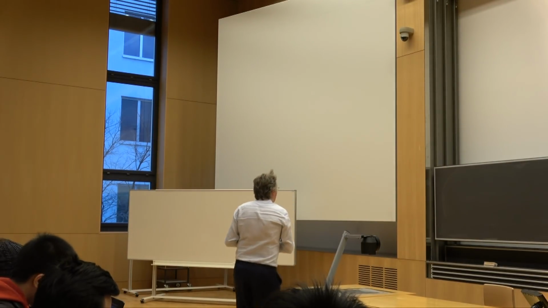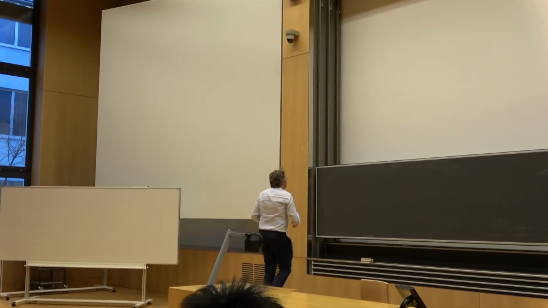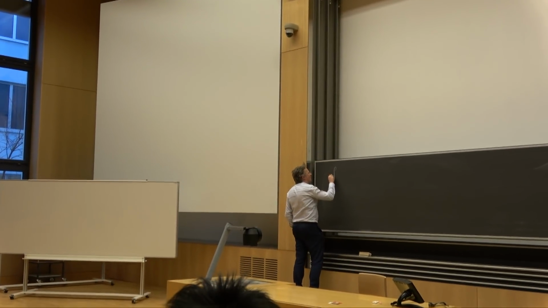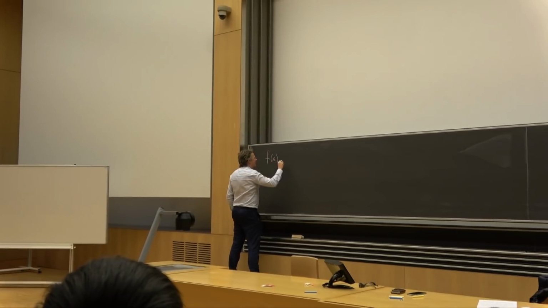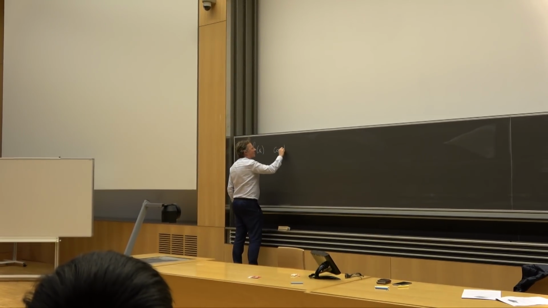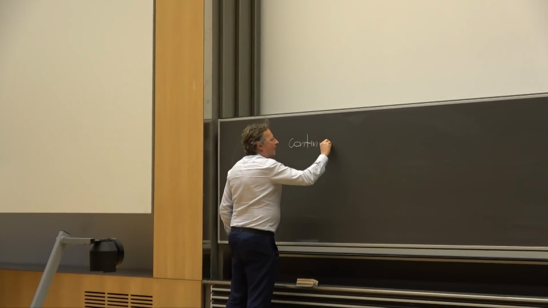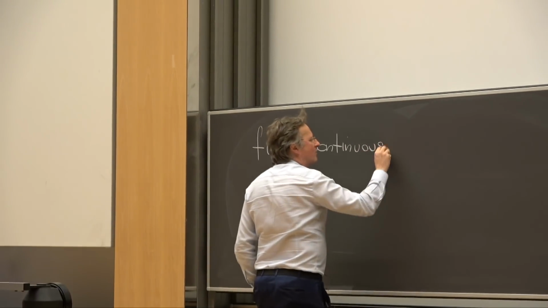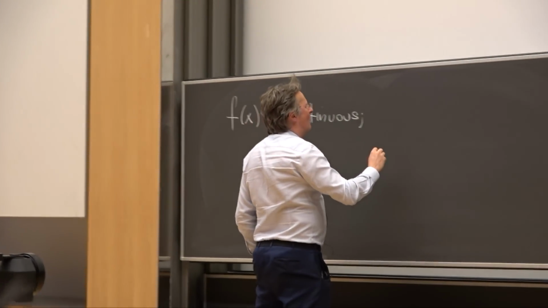Okay, so what we had is that we said we need some smoothness. So let's assume the function f is continuous. We're just thinking of a function right now over some bounded domain, and it's a real valued function in one dimension.